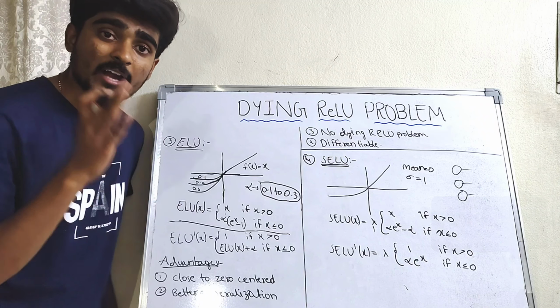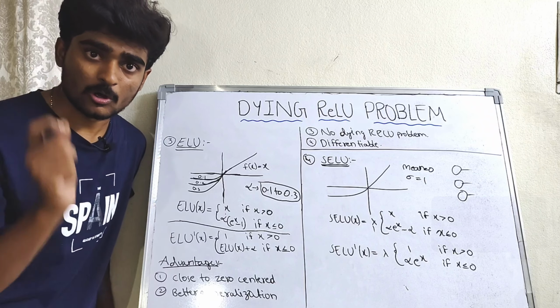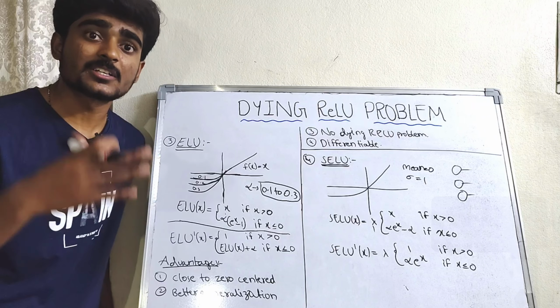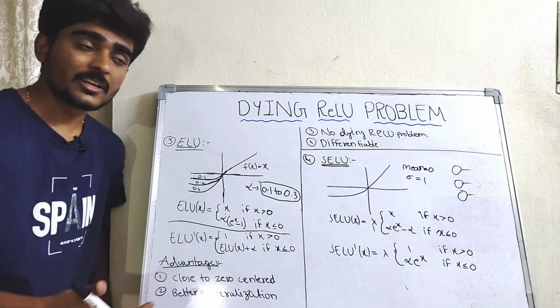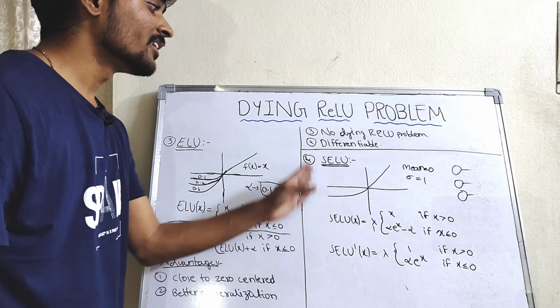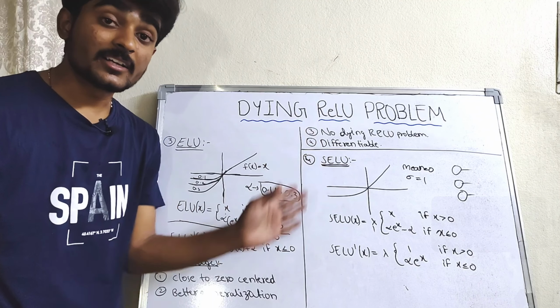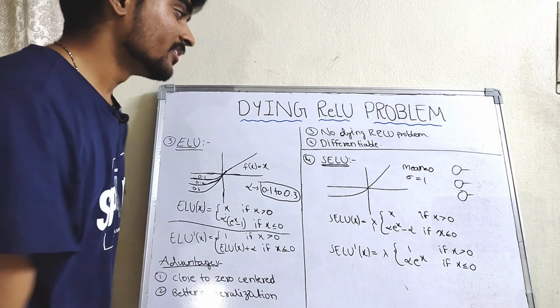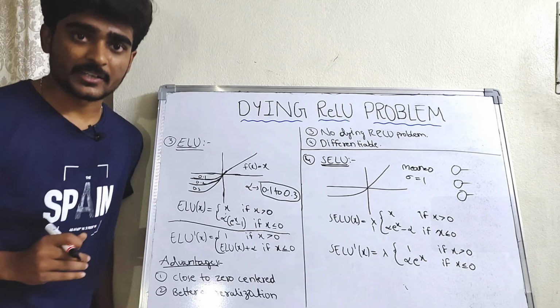That means SELU activation function is self-normalizing. When SELU activation function is self-normalizing, then there will be better generalization and training becomes faster. Okay, this is all about ELU and SELU activation functions.